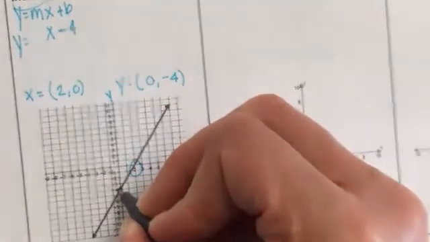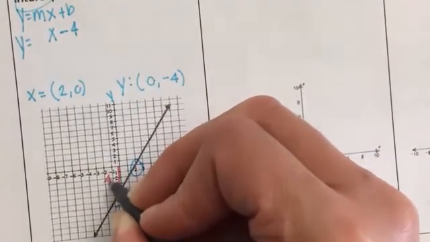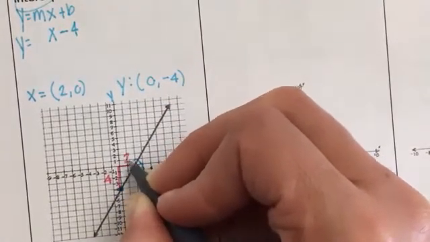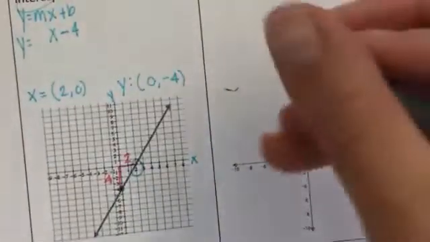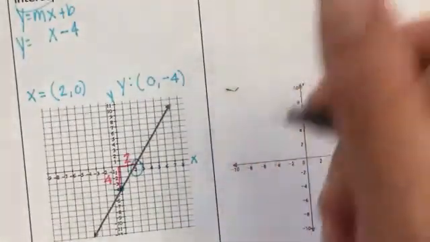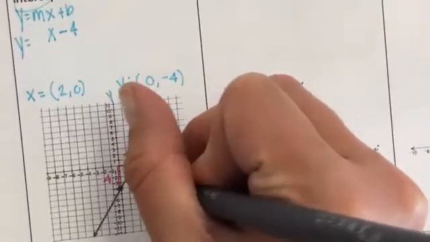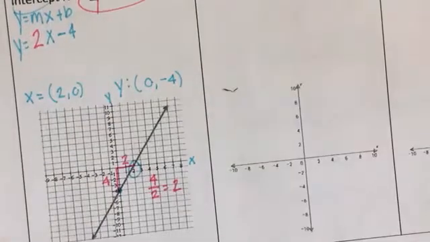We could just count, right? Up 4 over 2. What does 4 over 2 reduce to? Just 2. Yep. So my slope is 2. So remember that for slope-intercept, you just need your slope and the intercept.